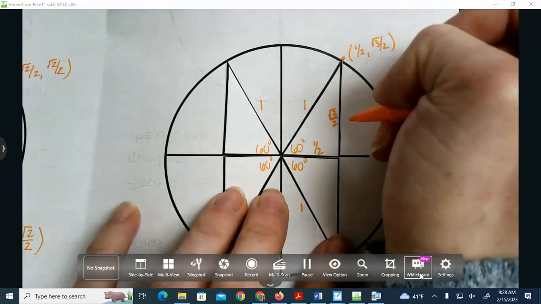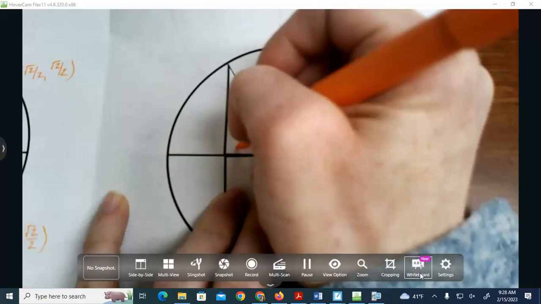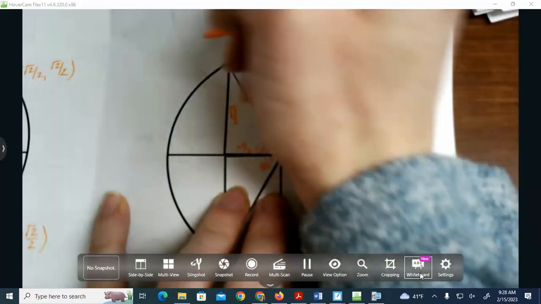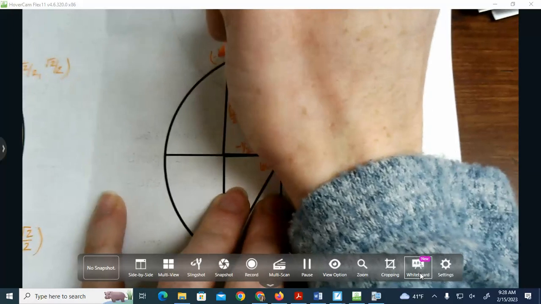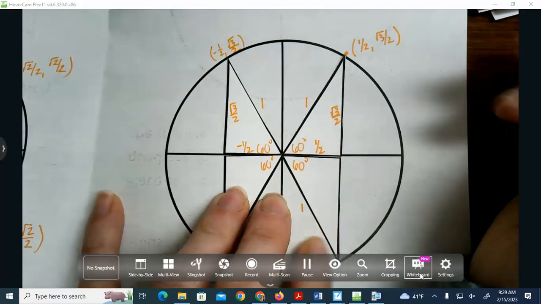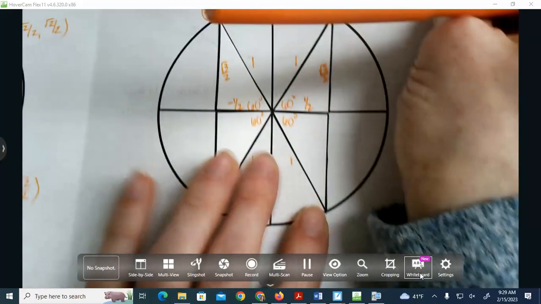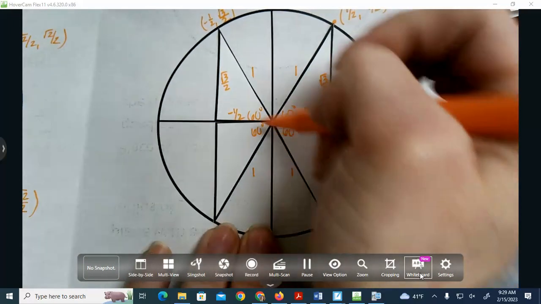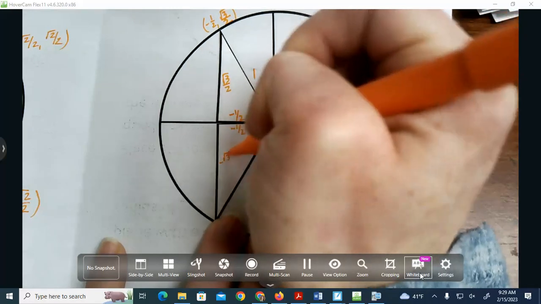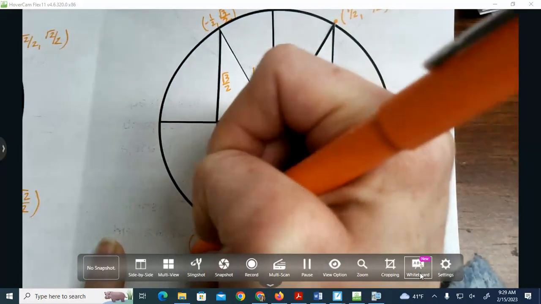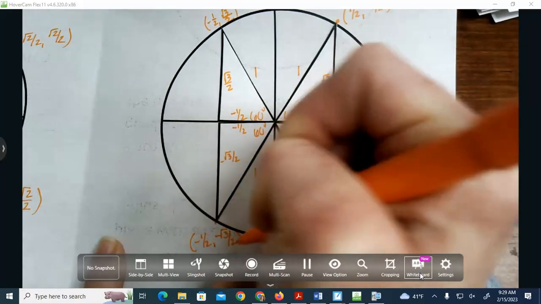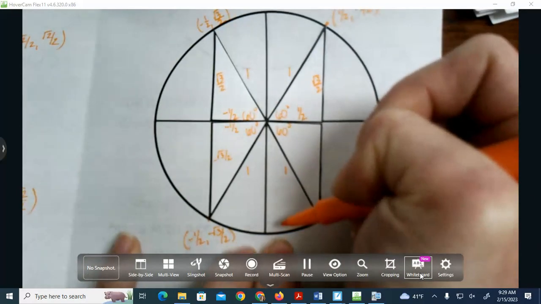The second quadrant, we're backing up a half, so this is a negative. We're still going up, so we get negative 1/2, radical 3 over 2. In the third quadrant, we are going left and down, so both are negative. So negative 1/2, negative radical 3 over 2.